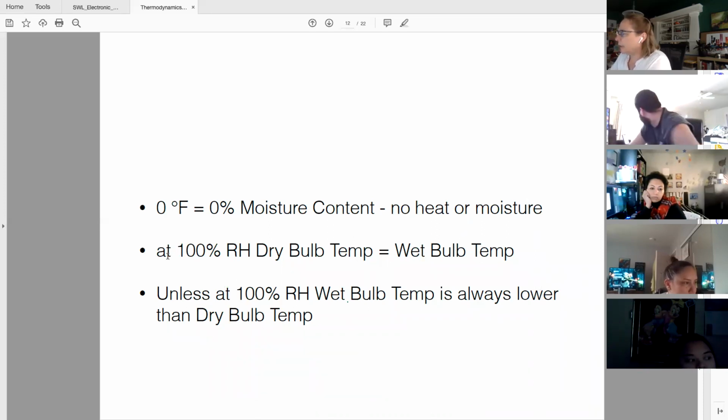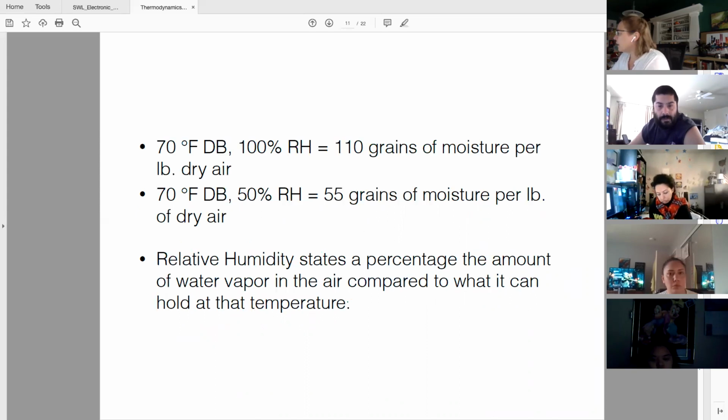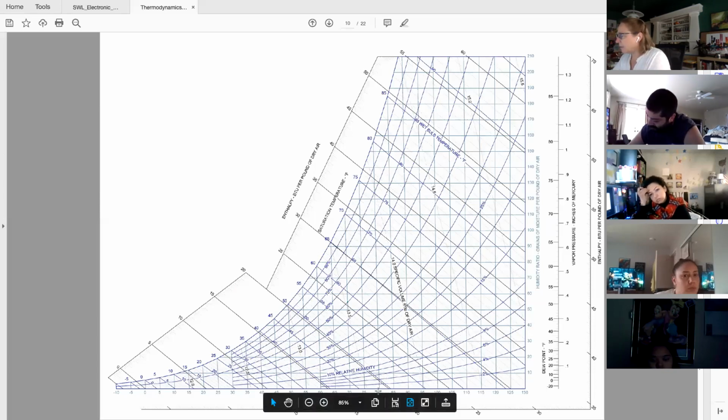So to reiterate from earlier, at 100% relative humidity, the dry bulb temperature will equal the wet bulb temperature. And from those diagonal lines that we saw reading the wet bulb temperature, unless you're at 100% relative humidity, the wet bulb temperature will always be less than the dry bulb temperature.